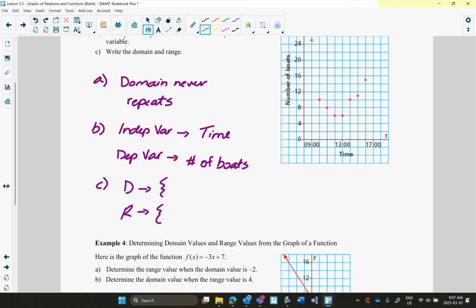So I've got 0900, 1000, 1100, 1200, 1300, 1400, 1500, and 1600. Let's make it a little bit easier for this one instead of listing them all out. So it's every hour from 0900 to 1600.